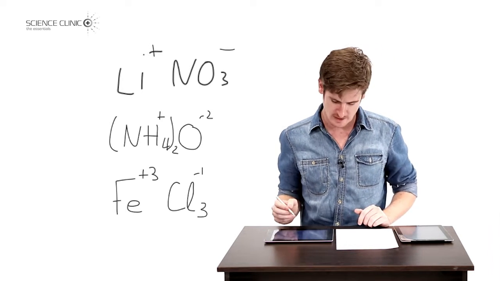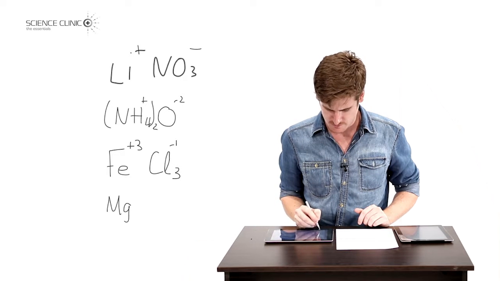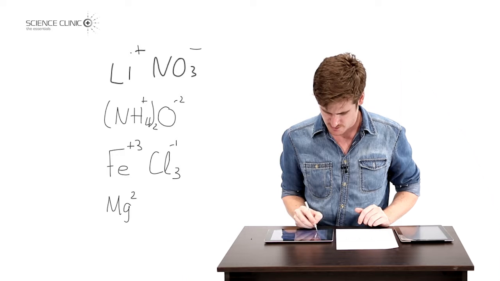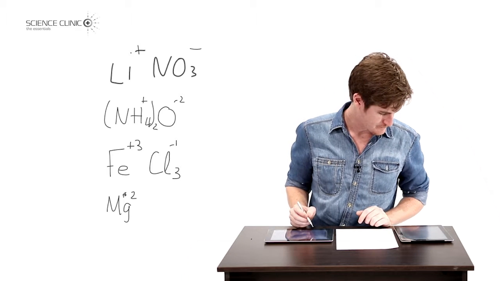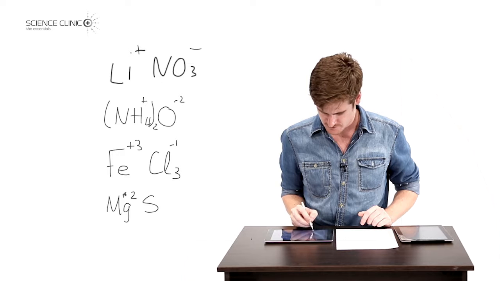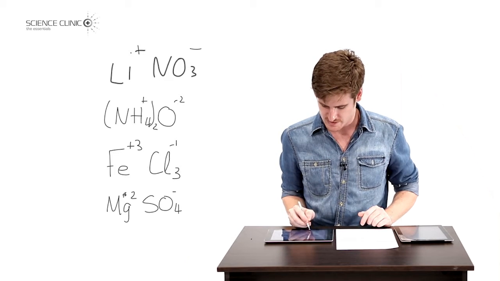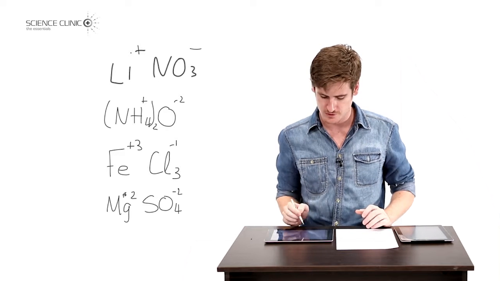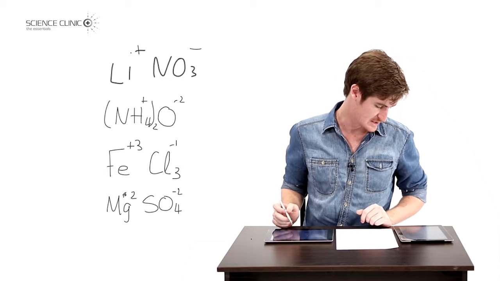Fourthly, magnesium sulfate. We know magnesium, Mg, has an oxidation number of +2, and sulfate being SO4. We know SO4 has -2, so the ratios stay 1-to-1 as we see there.